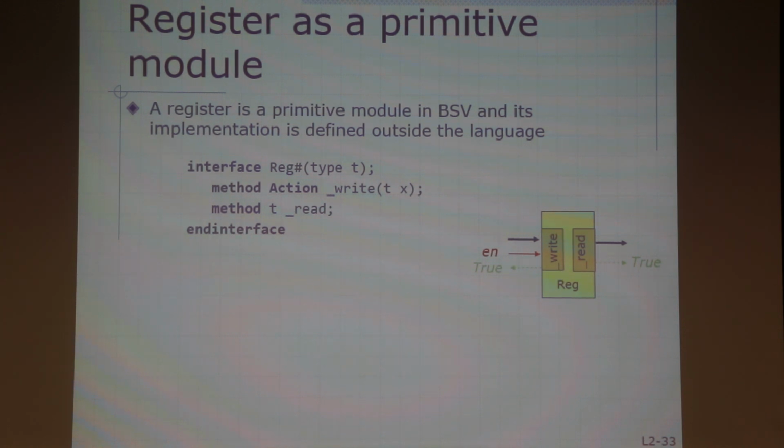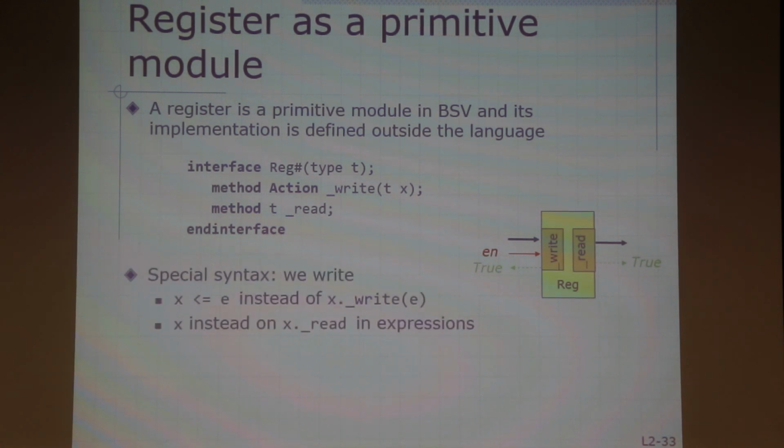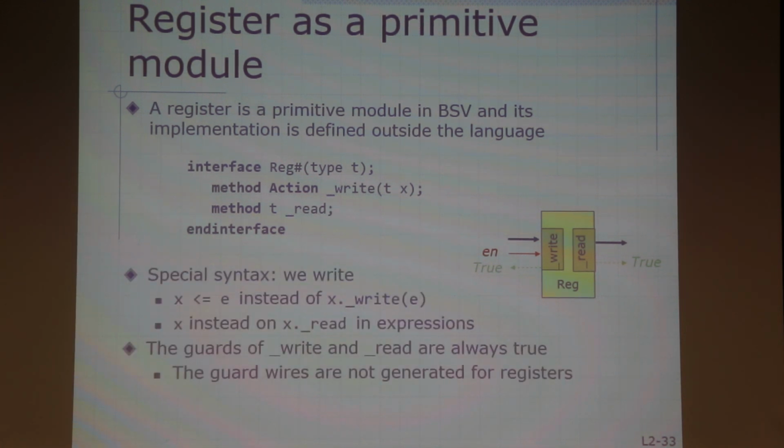So a register can be read anytime, it can be set anytime. Whether you actually set it or not depends upon the enable signal, and that's our model, registers with enables. But you can do it anytime. So this is just some syntax.